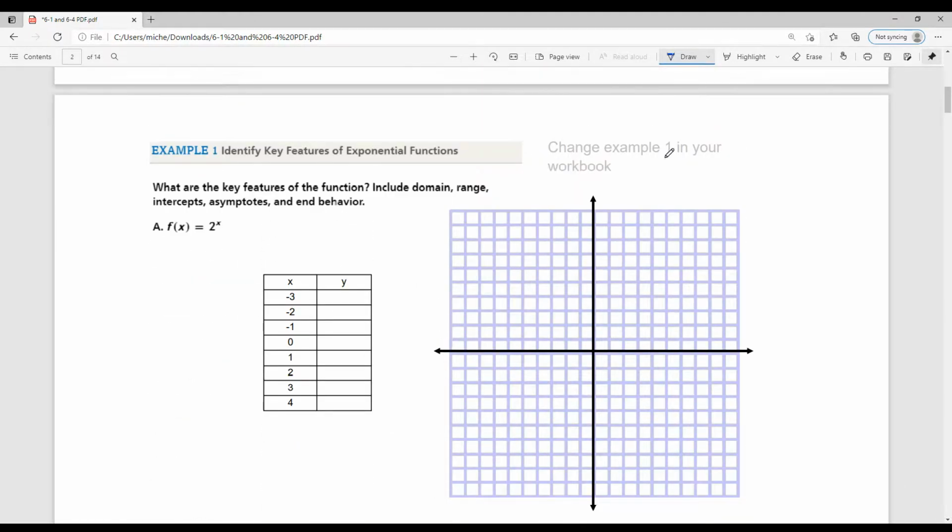And it's important to look at functions a couple different ways. We want to look at them with a formula. We want to see what that formula does to a table, and then we'll graph all of these points. So whenever you're looking at exponential formulas, you can tell it's an exponential function by the formula because there is an x in the exponent spot.